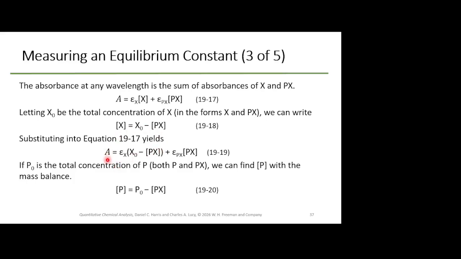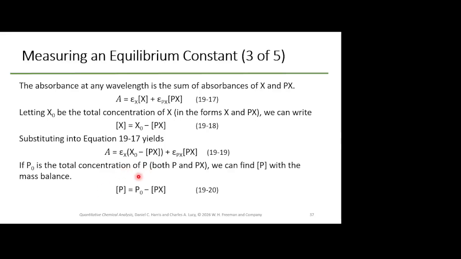So we have the absorbance equals the epsilon of the X times the X0, which is that original concentration before any protein is added, minus the PX, which is the amount that's bound, plus the epsilon for the absorption of the PX, which is the protein bound complex.